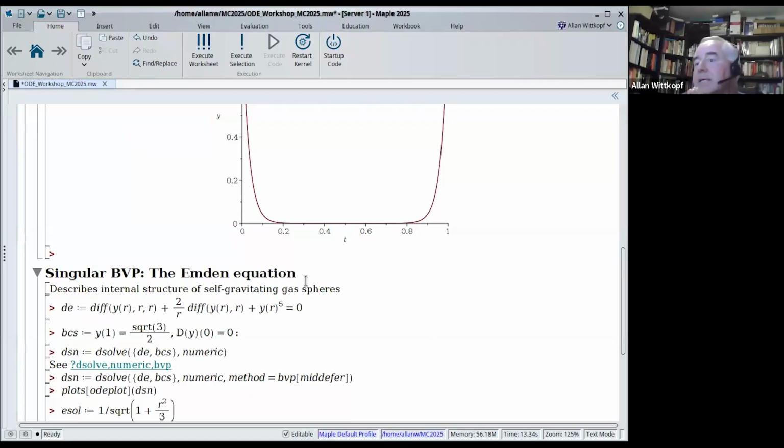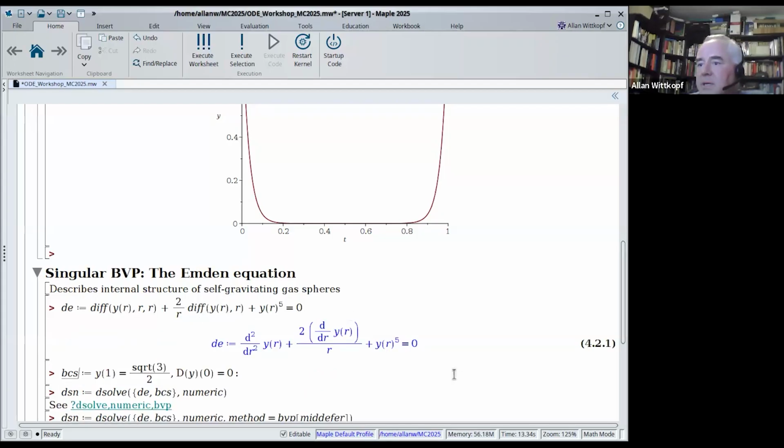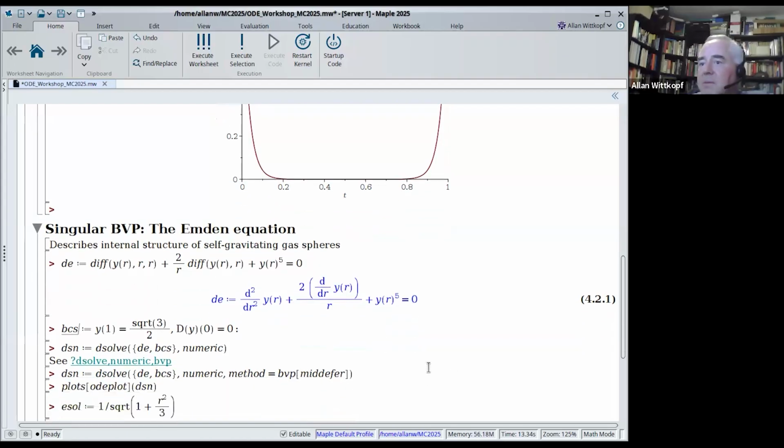This is really handy especially for problems that have come from spherical or polar coordinates and are a reduction of variables, because typically the radius occurs in the denominator in a lot of cases. So in this one, the Emden equation, this is coming from spherical coordinates. And this is the boundary value problem we're trying to solve here.